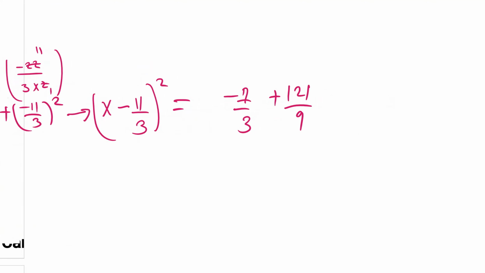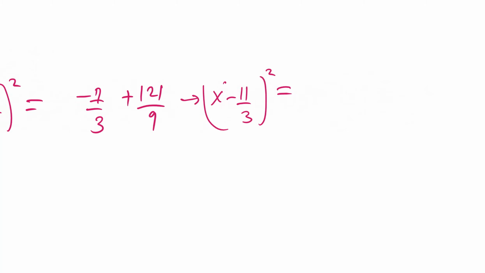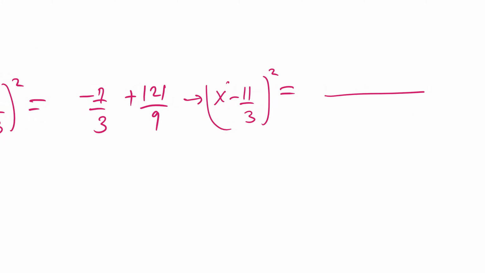We continue: x minus 11/3 all squared equals, with common denominator 9, negative 21 plus 121 over 9.